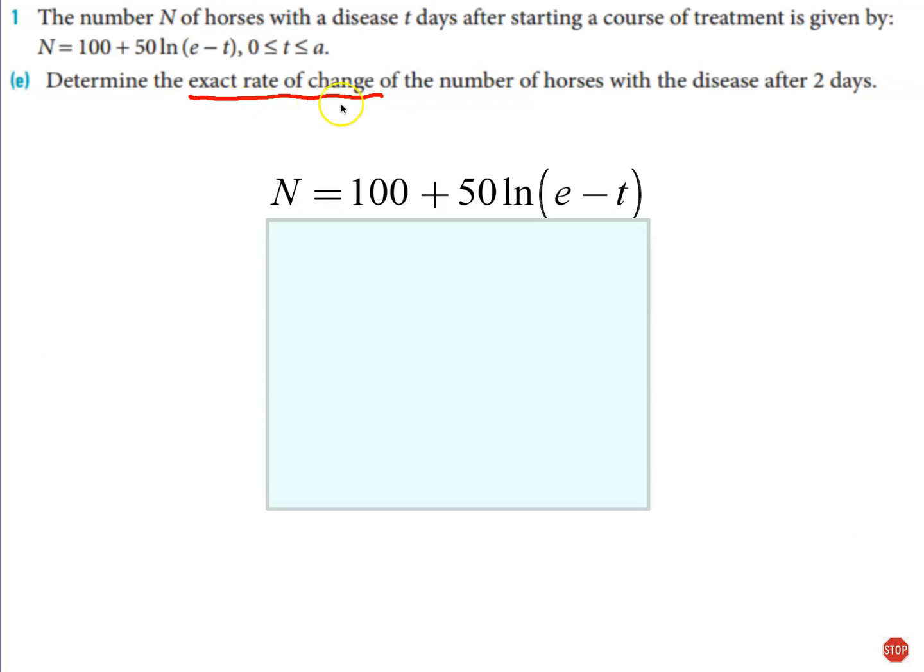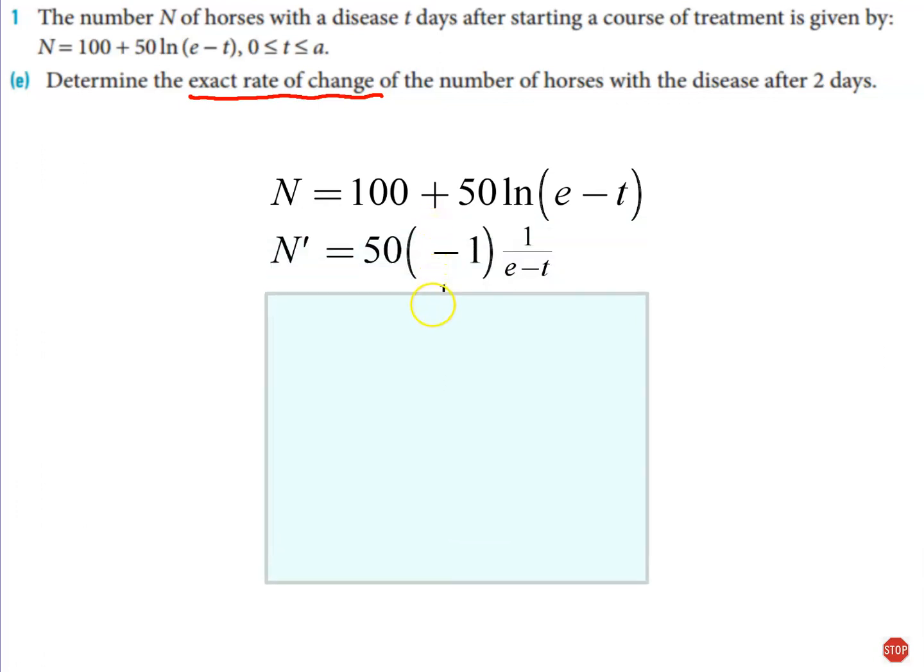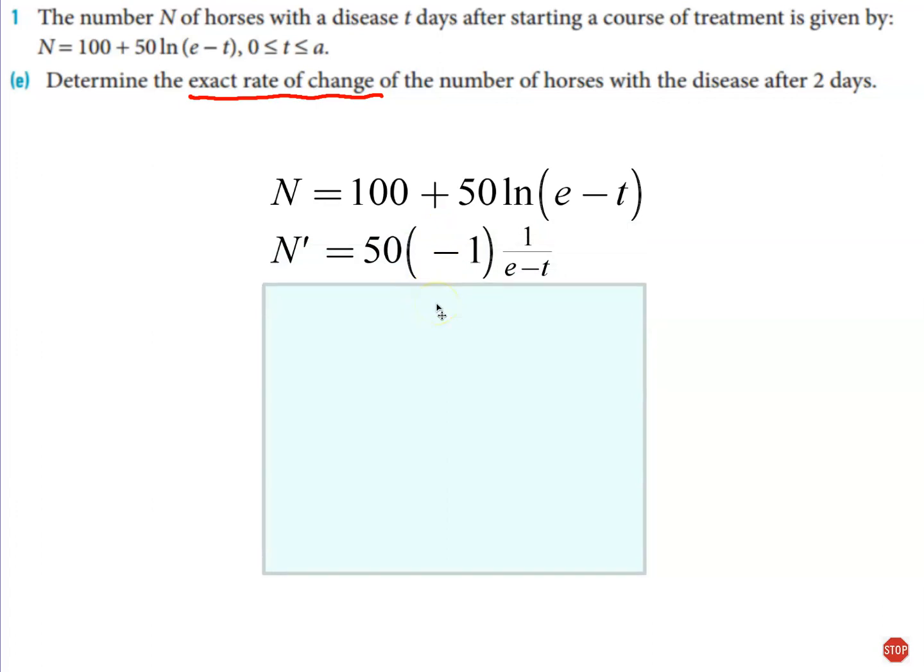So basically, the exact rate of change is just a fancy way of saying find the derivative of the function, because that's what derivatives tell you: the exact rate of change for any particular value, in this case, any particular value of t. So there's the derivative just there. The derivative of 100 just goes down to 0.